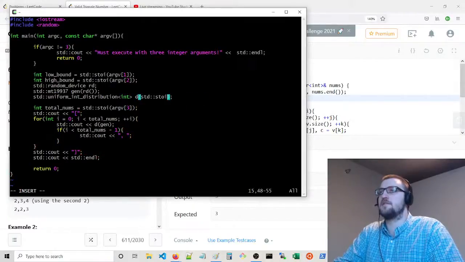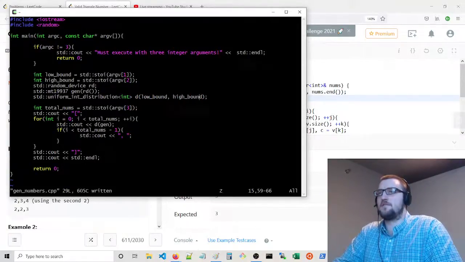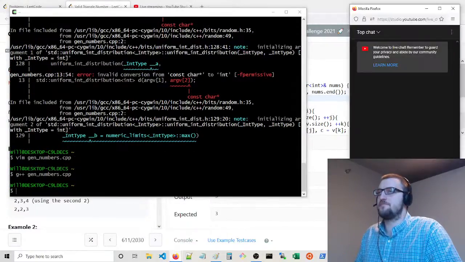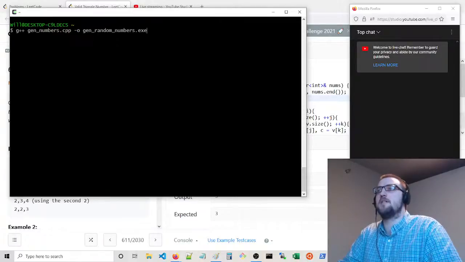And this is just low bound, high bound. See if that compiles. There we go. There's always some error.